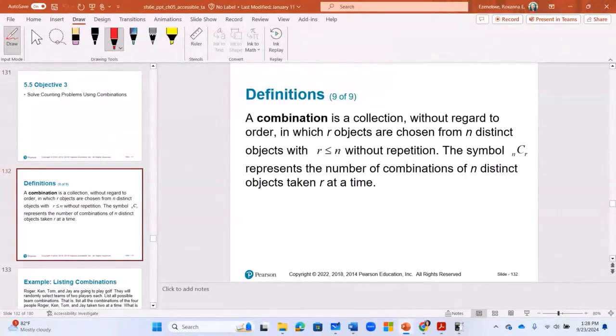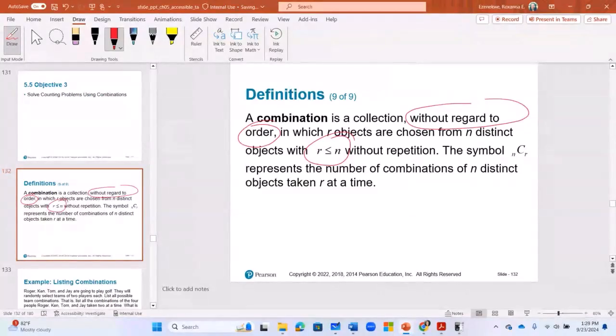In a combination, R objects are chosen from n discrete objects, and R must be less than n, without repetition.